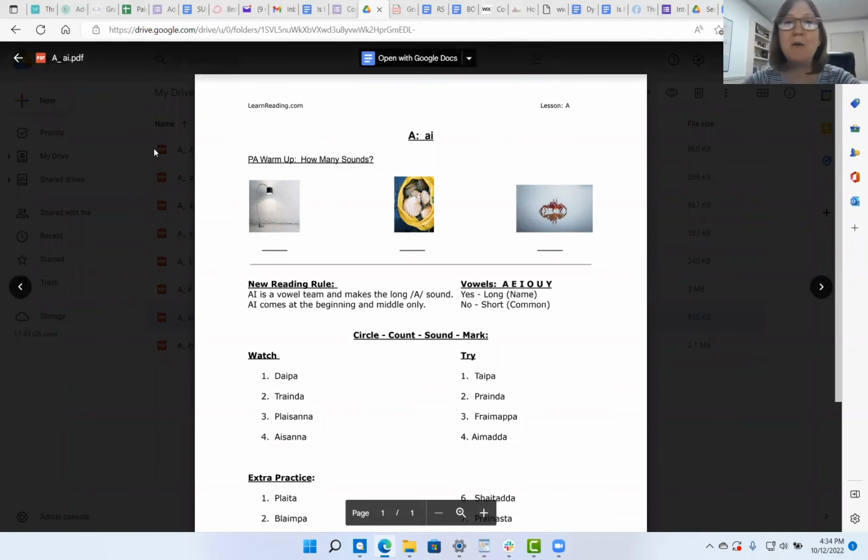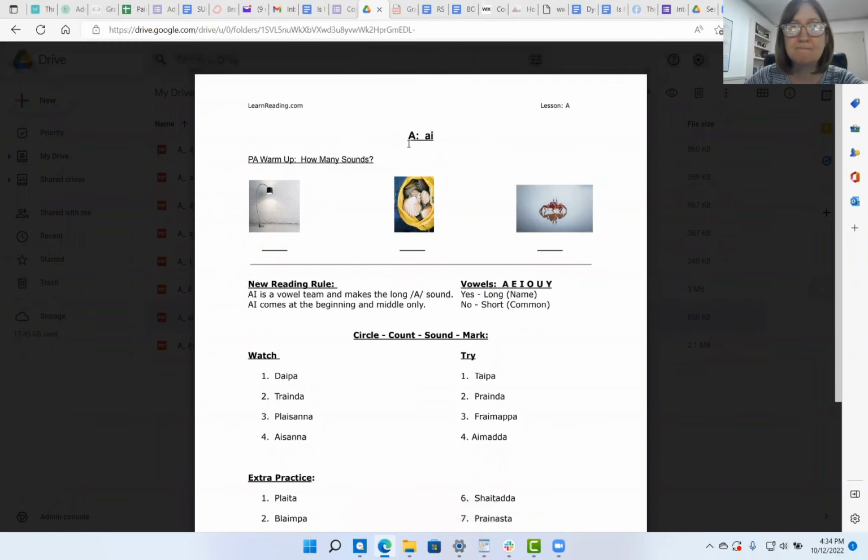So if you know how many sounds are in lamp, put it in the chat for me. Lamp. How many different sounds? Yes. Okay, good question. Cantrell, very good question.